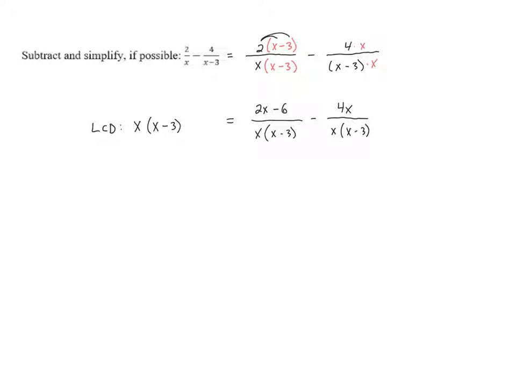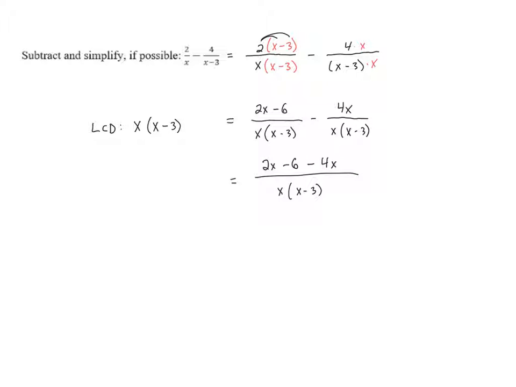And now that we have a common denominator and everything is expanded out in the numerators, we can perform the subtraction. We can take the 2x minus 6, and then from that we can subtract 4x, all over x times x minus 3. If there had been multiple terms in the second numerator, we would have needed to distribute the negative, the subtraction, to both of them.